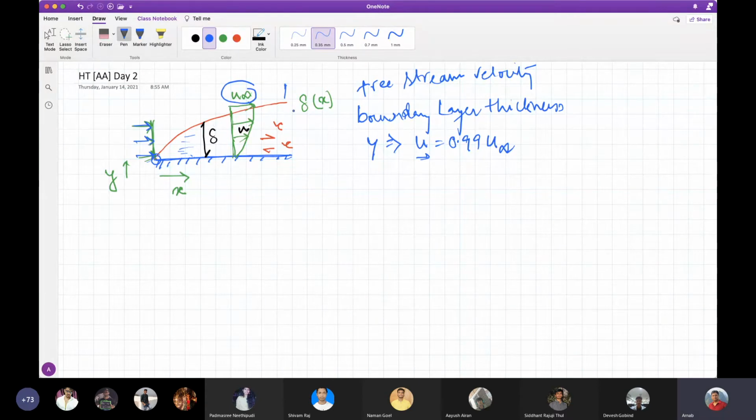Now with increasing distance from this leading edge, the effect of viscosity penetrates further into the free stream and the boundary layer grows. That means delta increases with increasing x.